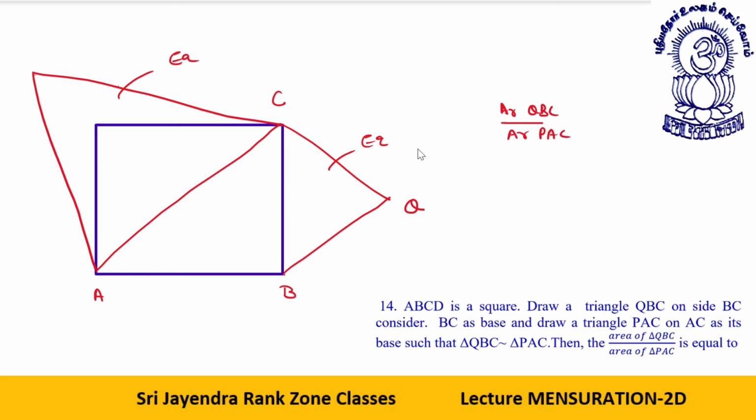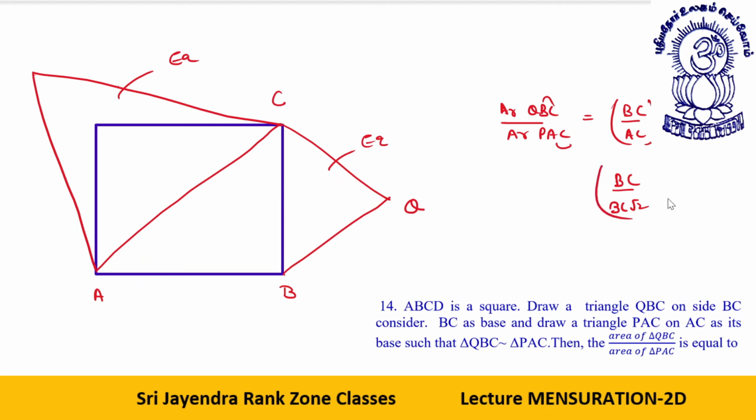Now what will happen? See, dear students. Now this will be equal to BC upon AC, squared. This is a square, so automatically AC will be BC root 2.